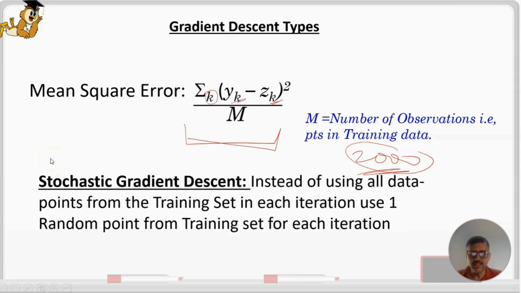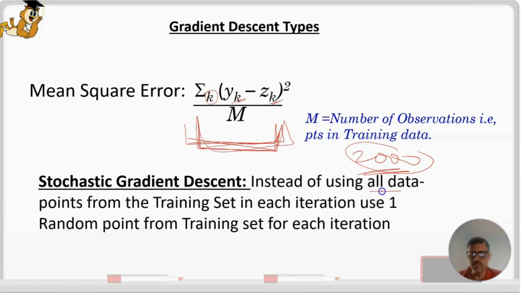Stochastic gradient descent is a clever idea, which says that instead of using all data points from the training set in each iteration, use one random point from the training set for each iteration. Let me repeat. In traditional gradient descent, you are computing the mean square error averaged over all the points in the training data.